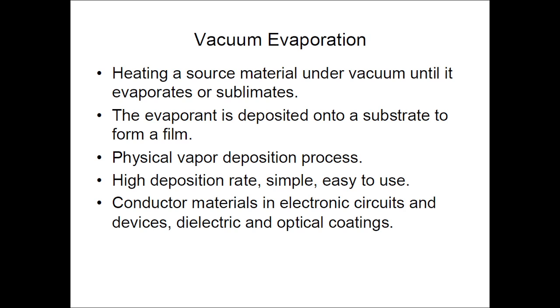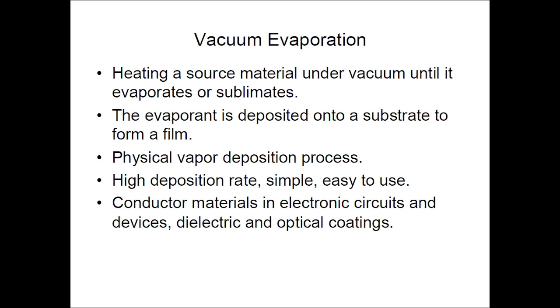So the first one is vacuum evaporation. In vacuum evaporation, we heat our source material that we need to deposit on the substrate under vacuum until it evaporates or sublimates. The evaporant is deposited on the substrate, which is placed above or below, to form the film.